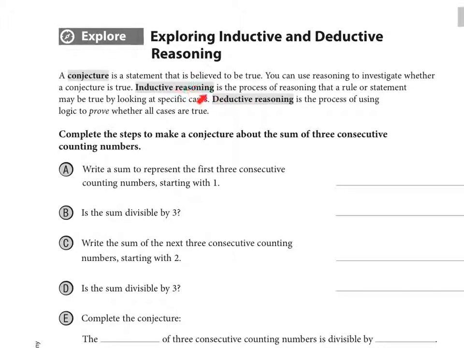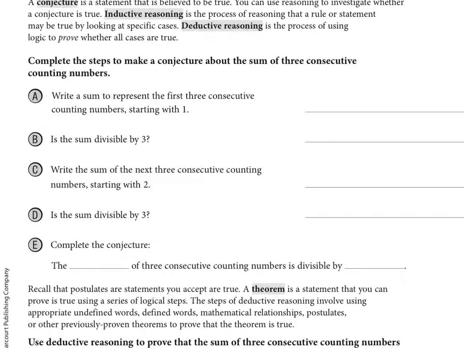Don't worry, you won't be tested on these, but inductive reasoning starts with some very specific examples, and then we go to a much broader look at it. And deductive reasoning is just using logic or using more abstract thinking. So we're not going to look at specific examples when we do deductive. Think of inductive as going very specific, and deductive as going a little bit more broad or more general.